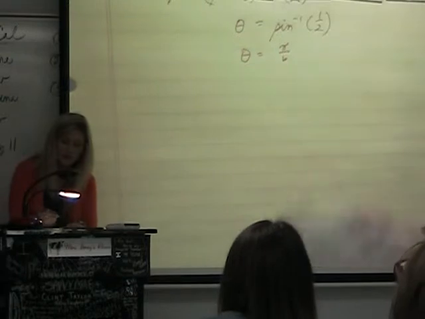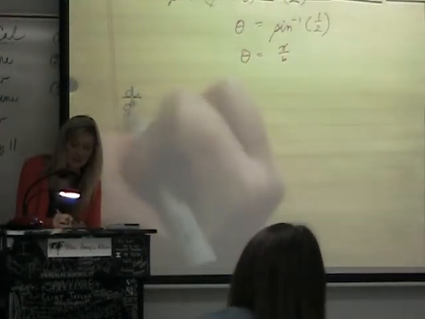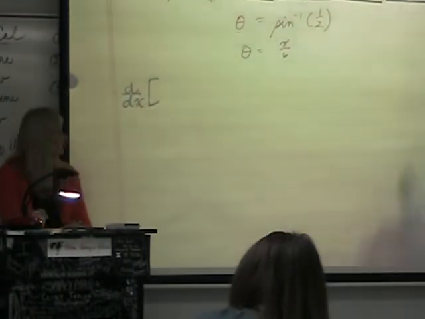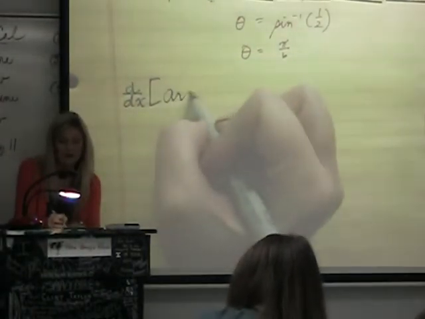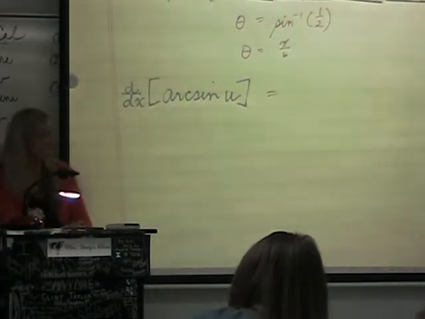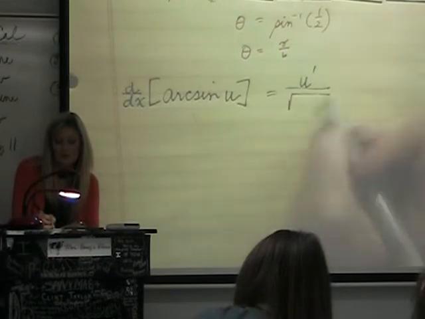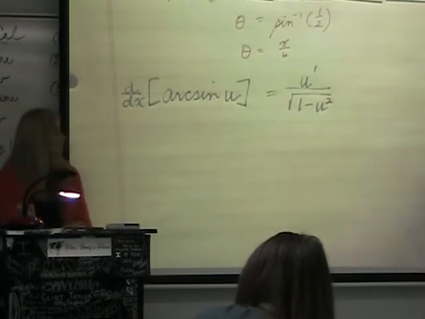So we're going to do the derivative of arc sine of u, so d by dx of arc sine of u, and it's going to be u prime over the square root of 1 minus u squared.